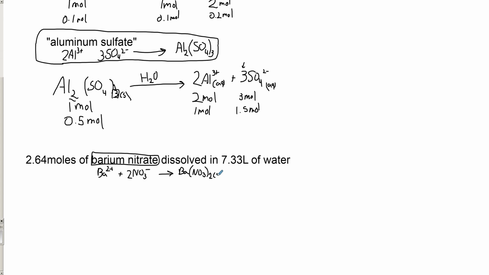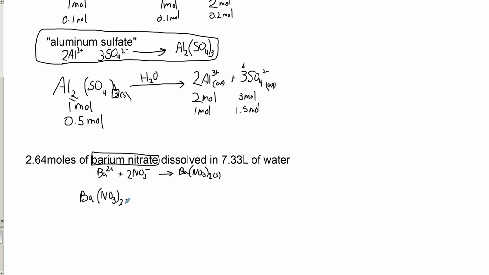So the first step is we figure out what our ionic compound's formula is, and we did that. Now we have to dissociate it, and if you look carefully, when I make my little ionic compound, it's almost the reverse of dissociating. So now I'm going to do my dissociation equation. So we have Ba(NO3)2, and that's a solid.